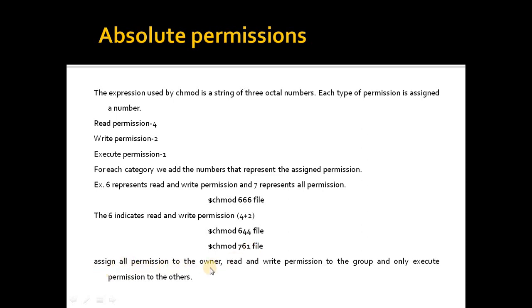Assign all permission to the owner, read and write permission to the group and only execute permission to others. The expression 777 signifies all permissions for all categories, while 000 indicates absence of all permissions for all categories.